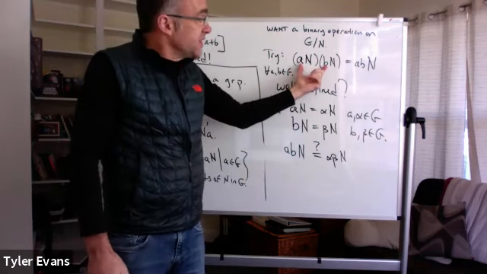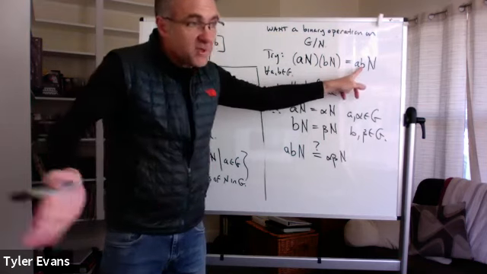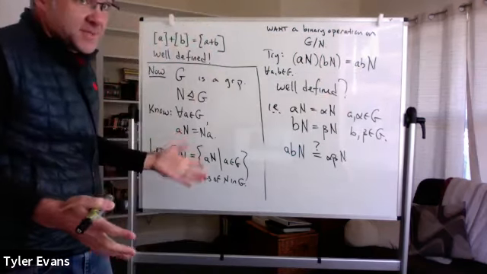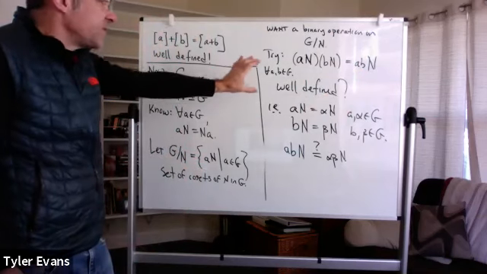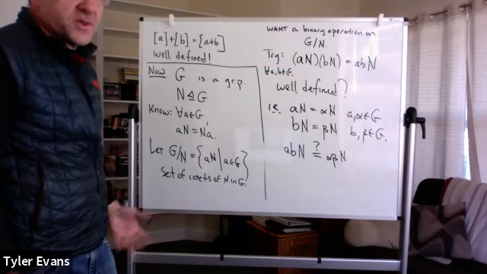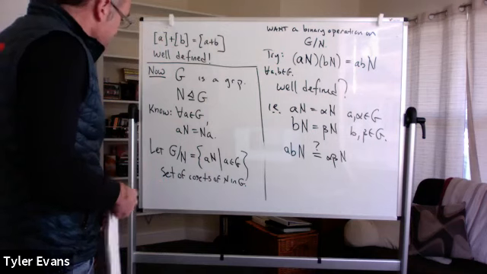I'm defining this operation in terms of an operation for which all those properties are true, so nothing is going to stop us. Once we have that this is well defined, the fact that this set of cosets forms a group will be the easy part of our work.